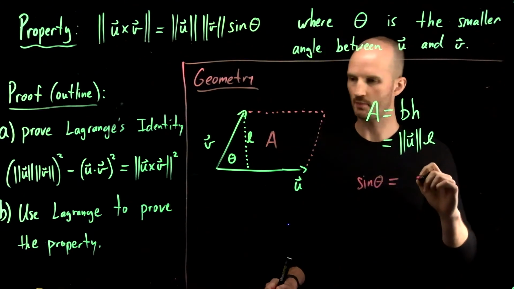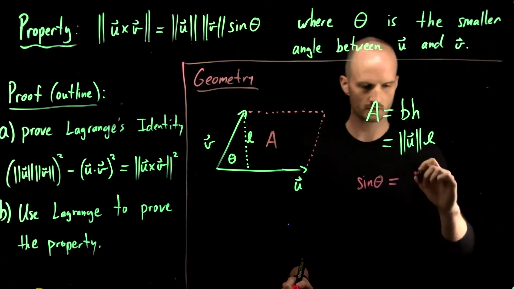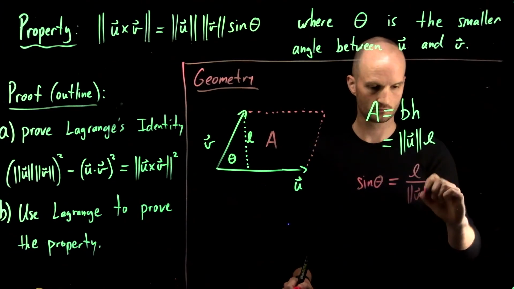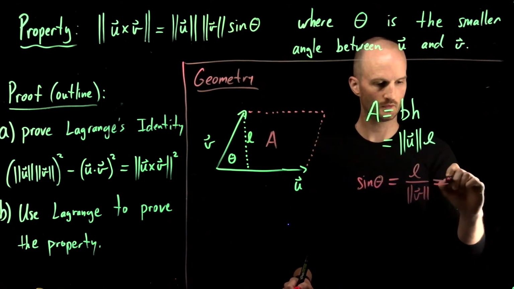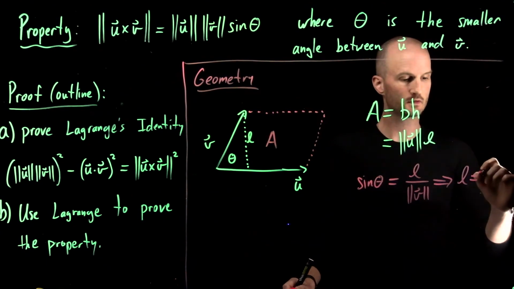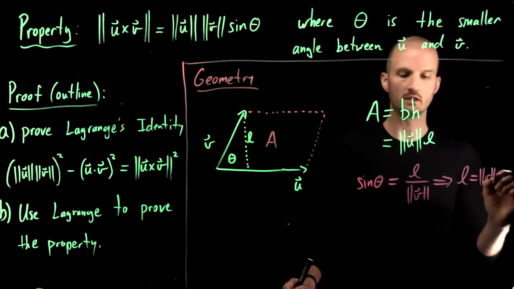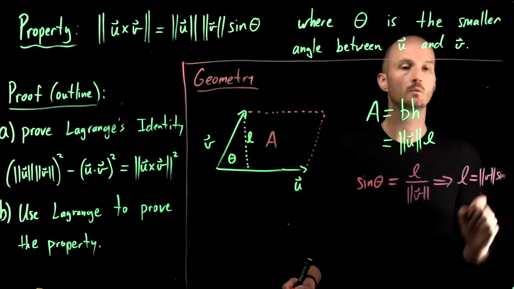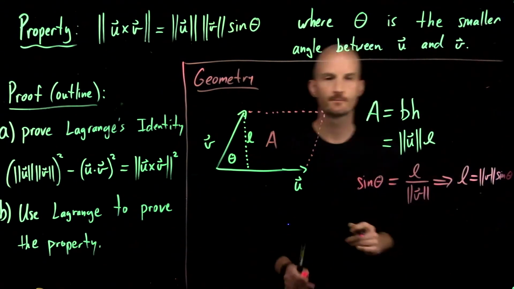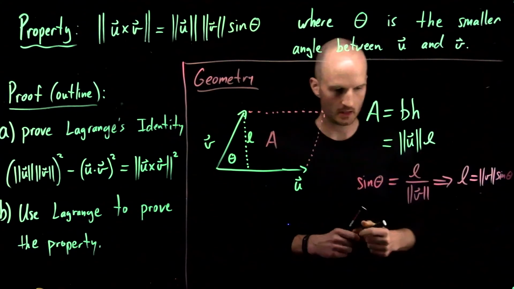SOHCAHTOA: sine is opposite over hypotenuse, so looking at this triangle, from that we get a formula for L. L is equal to the length of v times sine theta. Plug that in there, and Bob's your uncle.